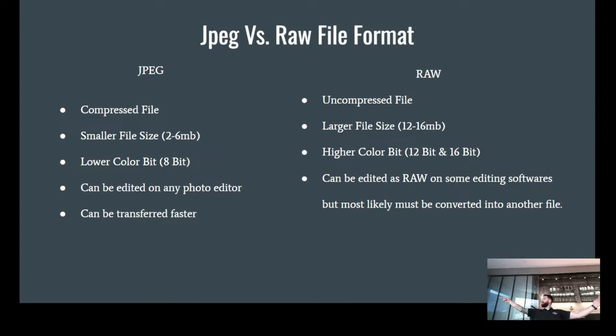In this sense, depending on what you're looking at, you're either looking at an 8-bit color, which would be low. On the RAW files, it's anywhere between 12 and 16, depending. So it's more to play with, more that you can edit. A JPEG can still be edited, but you're limited. And if you go on to, like, let's say Photoshop or Lightroom, or even the free ones, like the Windows computers will have their own free version, Mac is going to have their own free version.